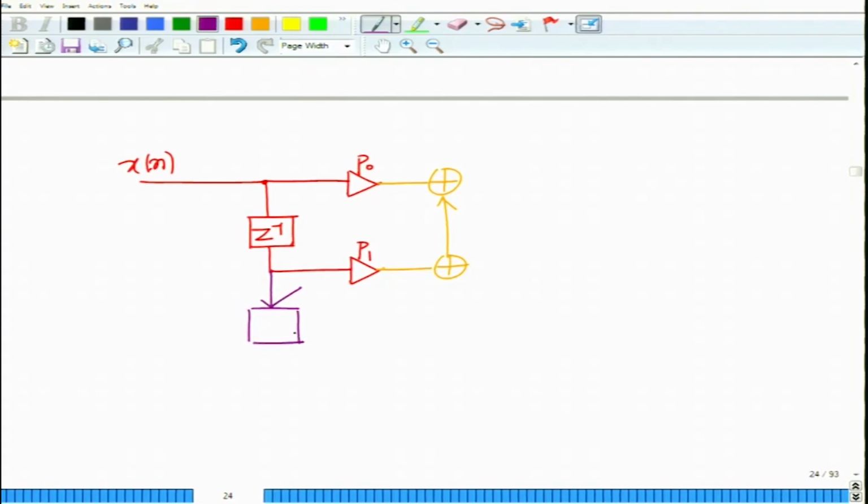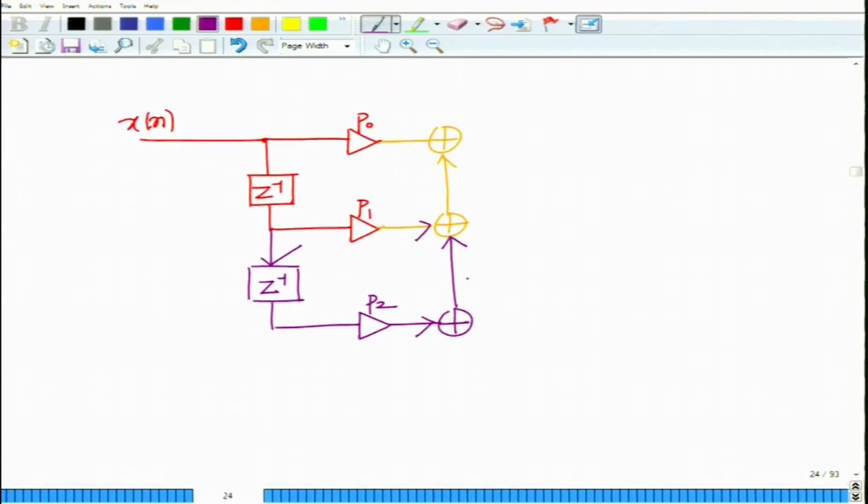again going through another element z inverse, that is then multiplied, this x(n minus 2), by P2, and then you take this and add to this.